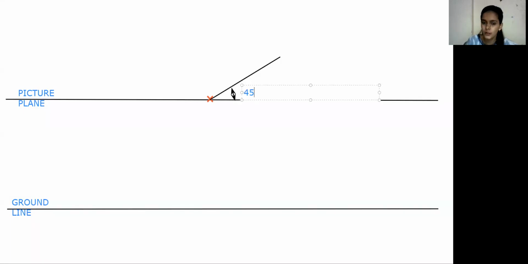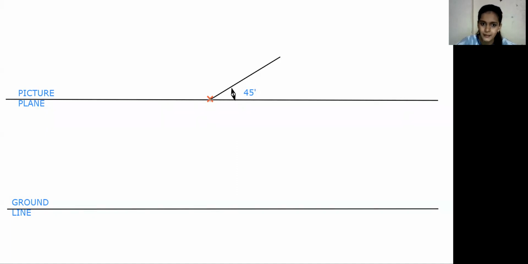Make sure your drawing is light because there are so many lines, inclined line, horizontal line, vertical lines, and you need to highlight only your perspective view. So all the other lines must be light. So here you are going to draw the line at 45 degree angle.